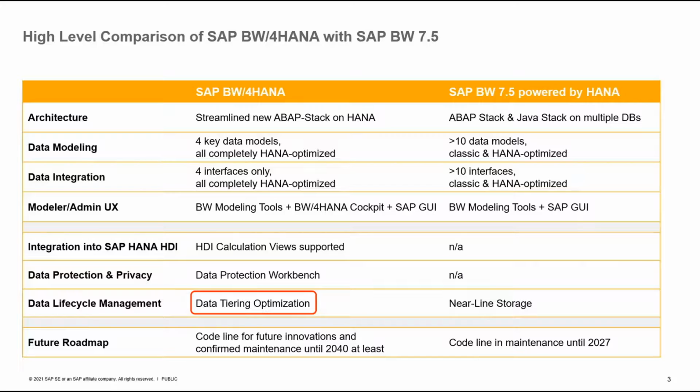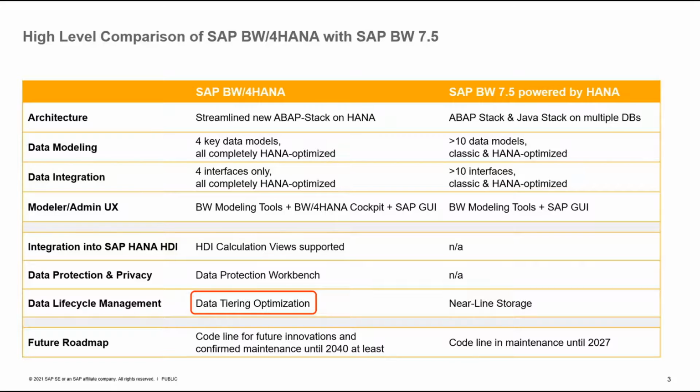In the upper part here, you can see that in terms of data modeling and data integration, BW 7.5 covers many aspects of BW for HANA as well. There are, of course, the old interfaces or data models, but the new ones are to the most extent also available.